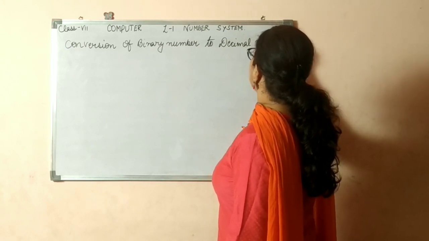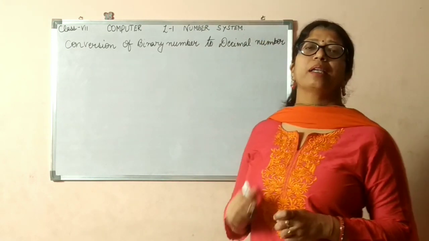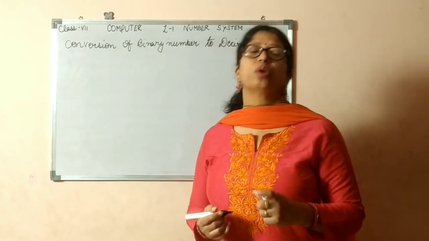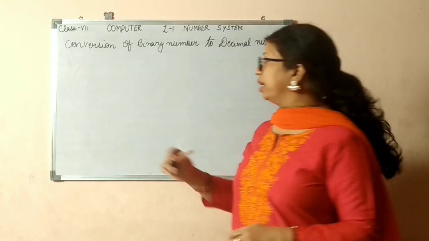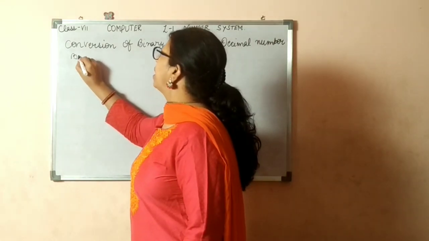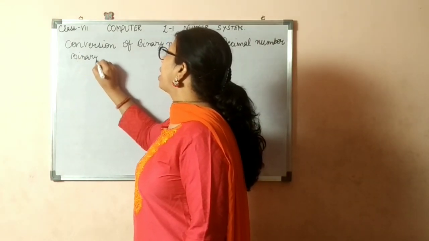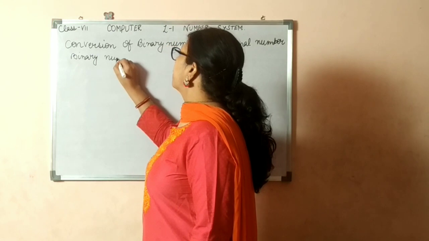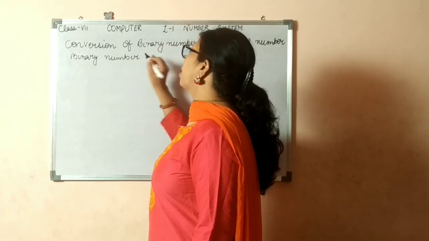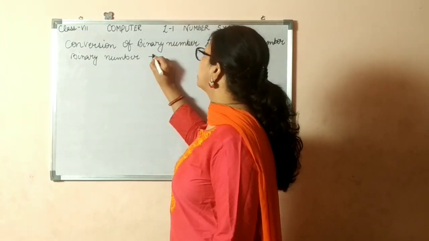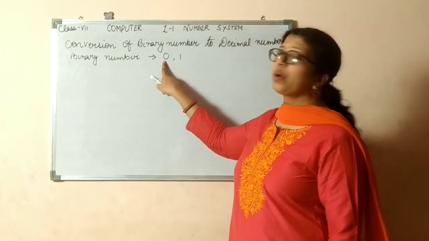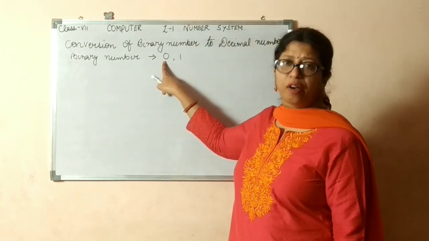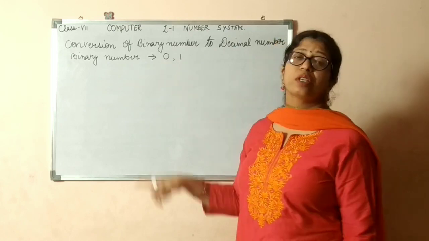My dear girls, as you know, in the binary number system we are using 2 digits, and these 2 digits are 0 and 1. So the base of the binary number system is 2, as we are using only 2 digits, where 0 we are using for the off state and 1 we are using for the on state.